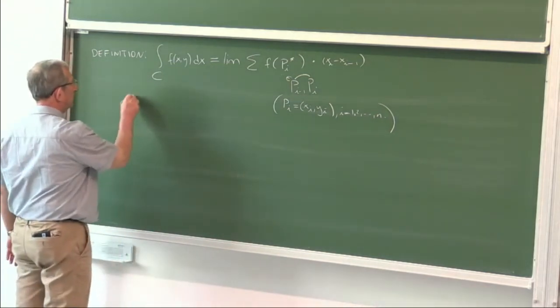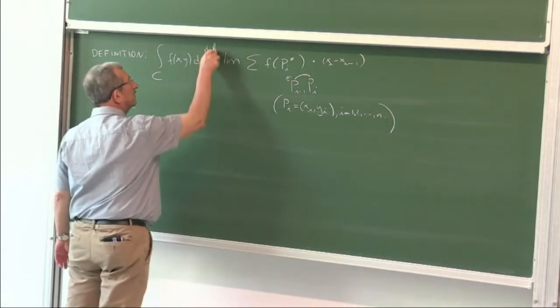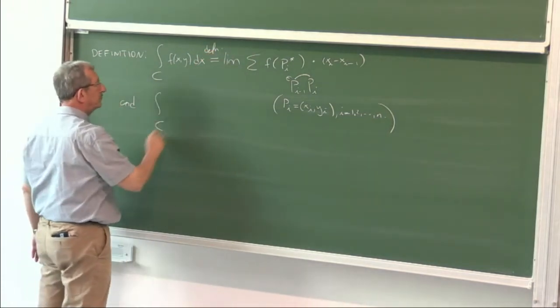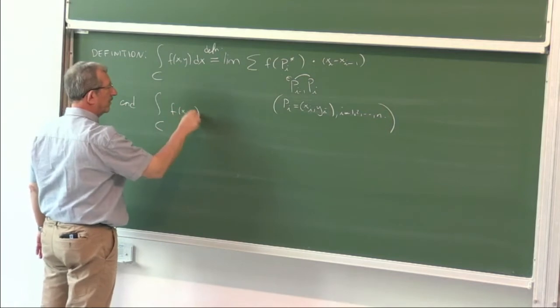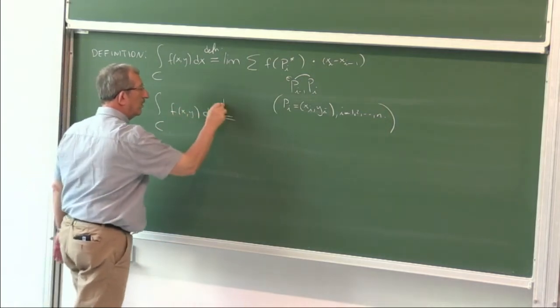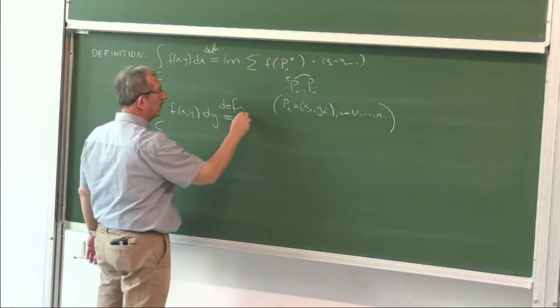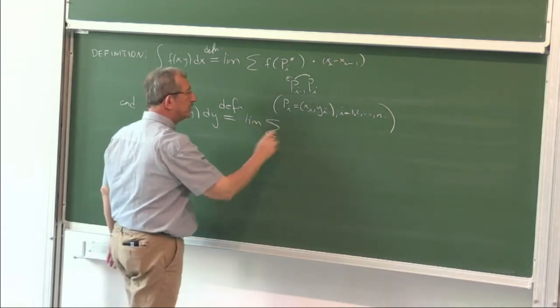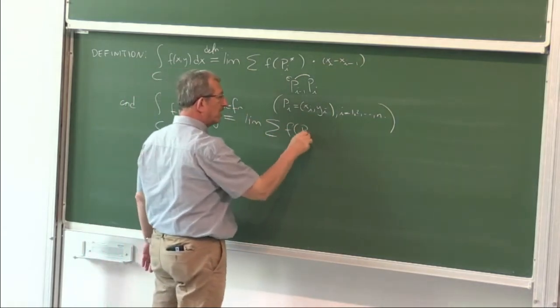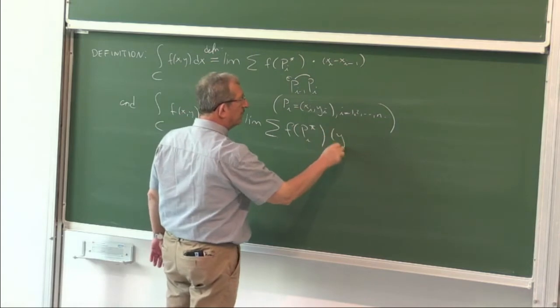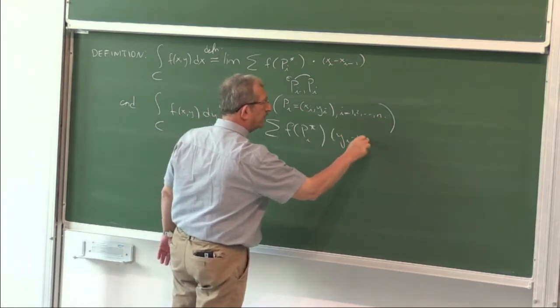And this is the definition. Similarly, this would be the limit of the Riemann sums, f of Pi stars, this time multiplied with y differences.